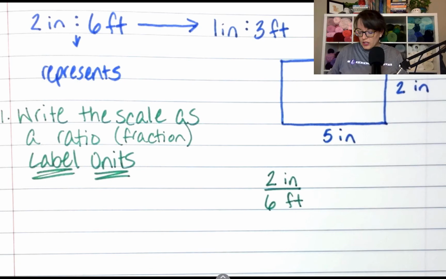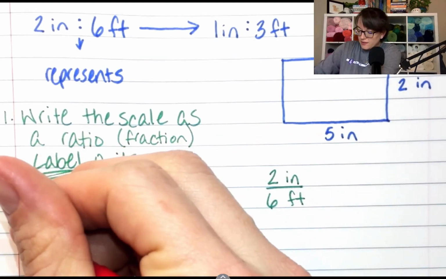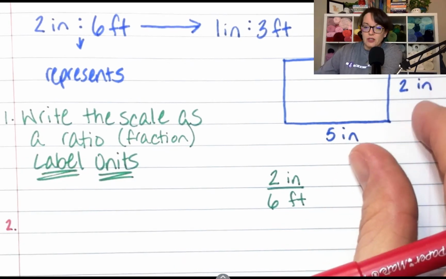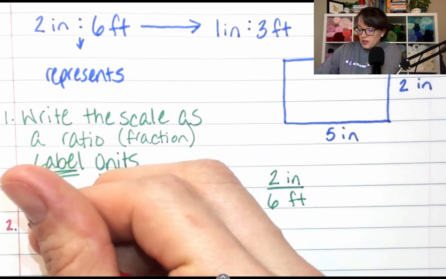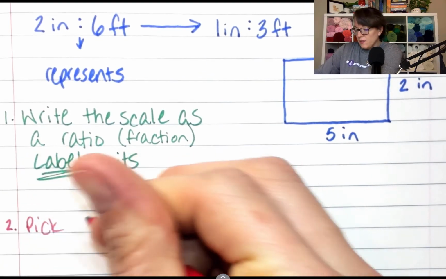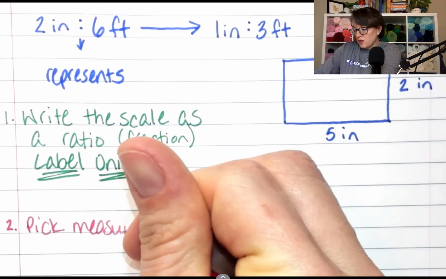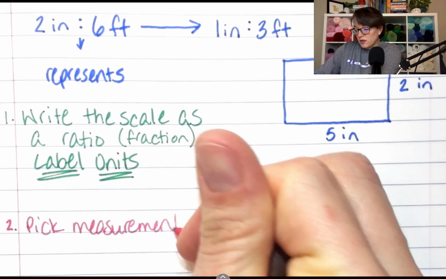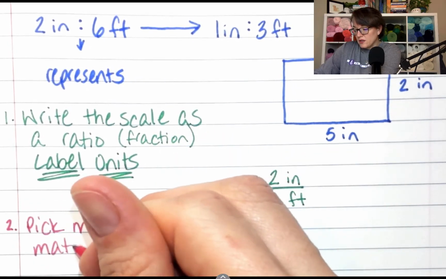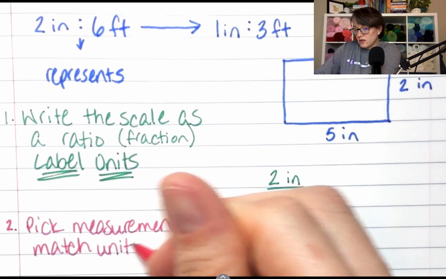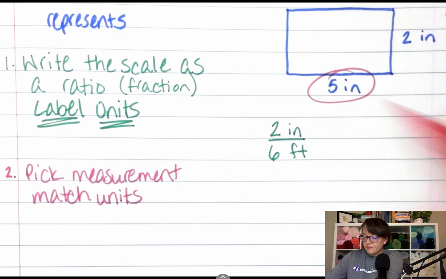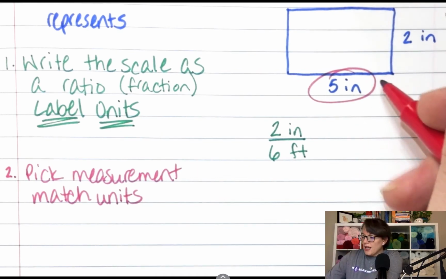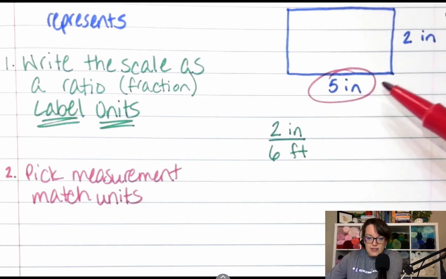The next thing we're going to do, we are trying to figure out how much these represent in the real world. So we need to pick either 2 or 5. Pick one measurement and match units. So I'm going to go with 5. Is this 5 inches or 5 feet?